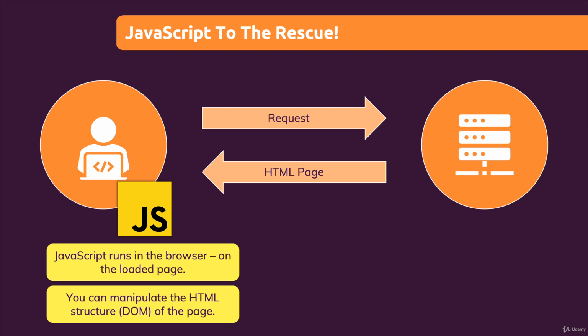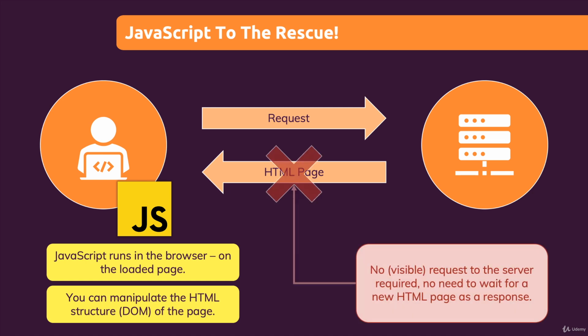Instead, we can manipulate the HTML structure, the so-called DOM, document object model, of a page with JavaScript. And that means that in modern JavaScript-driven web applications, we're not sending a request to get a new HTML page. Instead, we only do this once, and thereafter, we just exchange data behind the scenes, and we use client-side JavaScript and possibly frameworks like Vue to update what's on the screen.